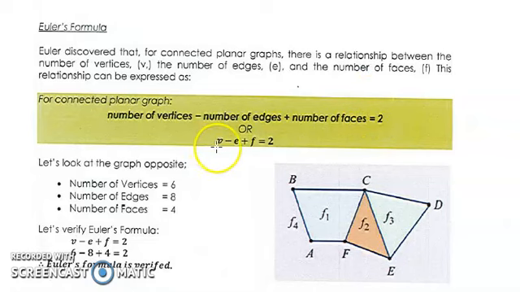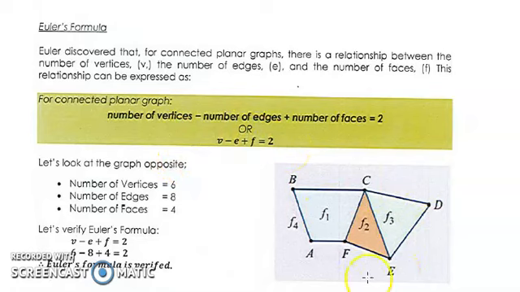The actual formula itself, V minus E plus F is equal to 2. So I can draw any graph with any amount of vertices, provided that they're all connected, and provided that there are no intersections, or they're planar. If I count each of these vertices, edges, and faces, and plug it into this formula, I will always get the number 2.